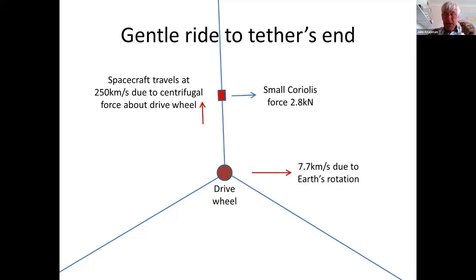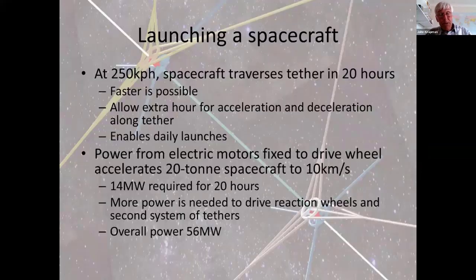But again, you get the 10 kilometers per second at the end of these secondary tethers, which will augment the 7.7 kilometers per second you already have due to rotation about the Earth. So tremendous benefits, and it takes 20 hours to traverse the tether, and so you can do that in basically launching every day. You need electric motors, and the motors fixed to the drive wheel would require a power of 14 megawatts.